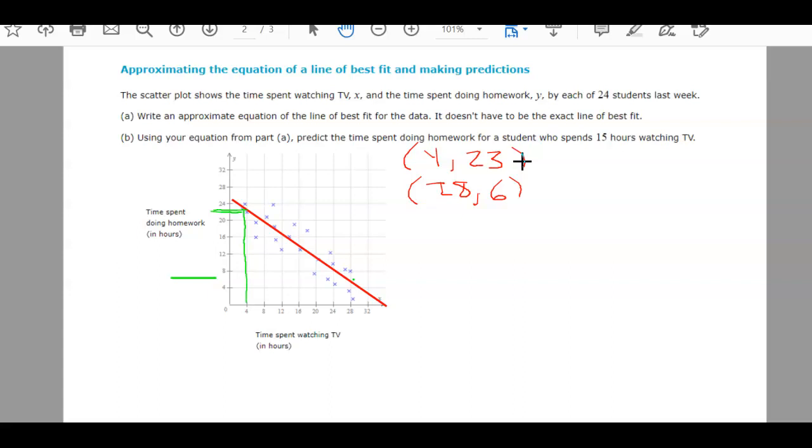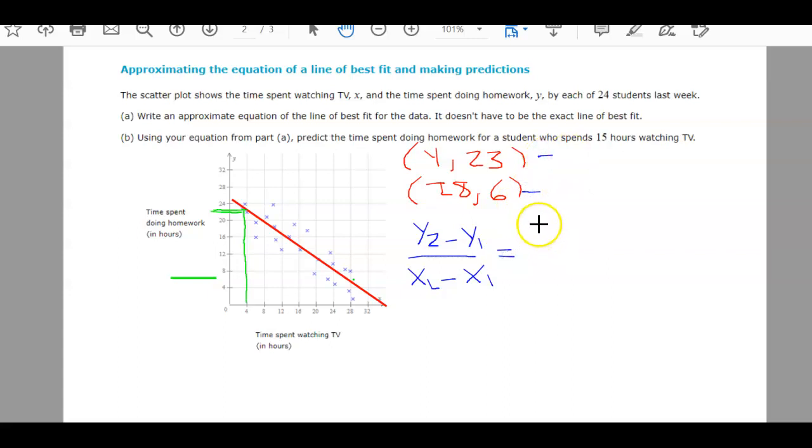So y2 minus y1, if you guys recall that. Let's go ahead and do y2 minus y1 over x2 minus x1. So if I'm going to do that, this is going to be y2, this is going to be y1.